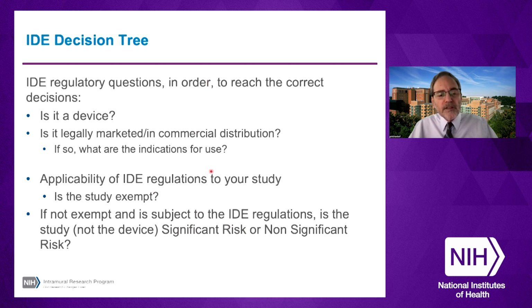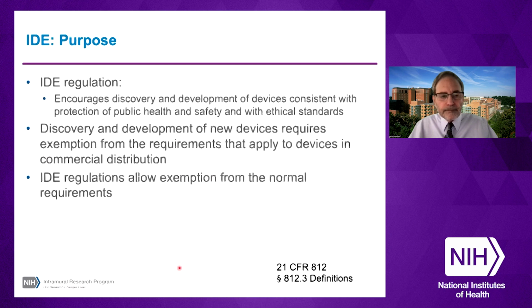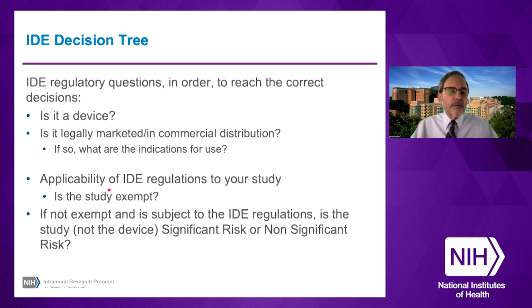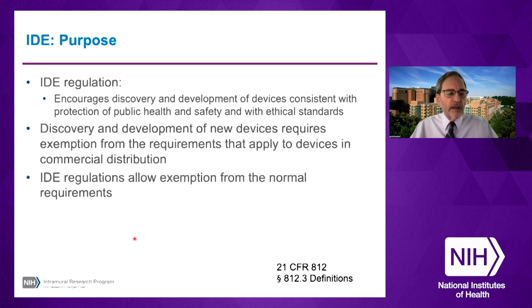You go through the steps, and if it's exempt, then you're done. So I'm going to go through the different components of this, mainly these last components on how to go through the process. But first, the purpose of the IDE regulations is to encourage discovery and development of devices consistent with the requirements to protect public health and safety and with ethical standards of human studies.